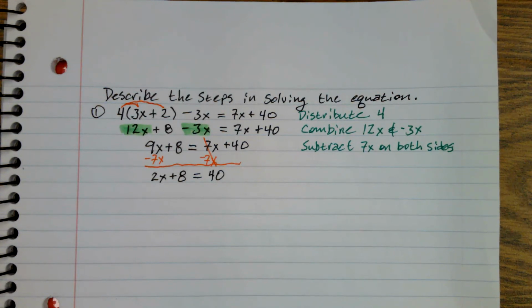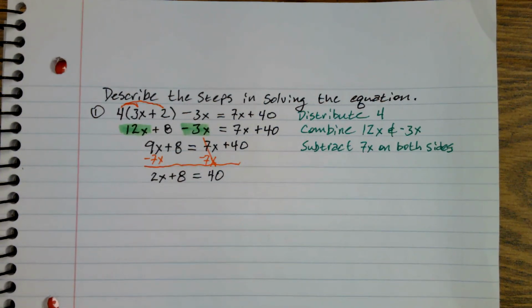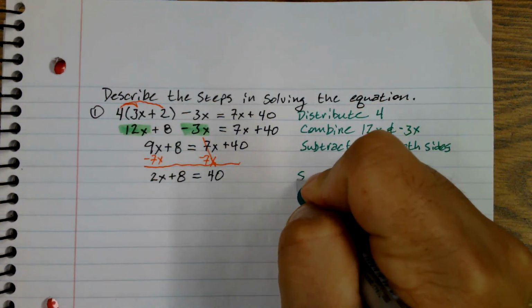So now, our next move would be to eliminate the constant, right? Eliminate this constant 8. So subtract 8 from both sides.